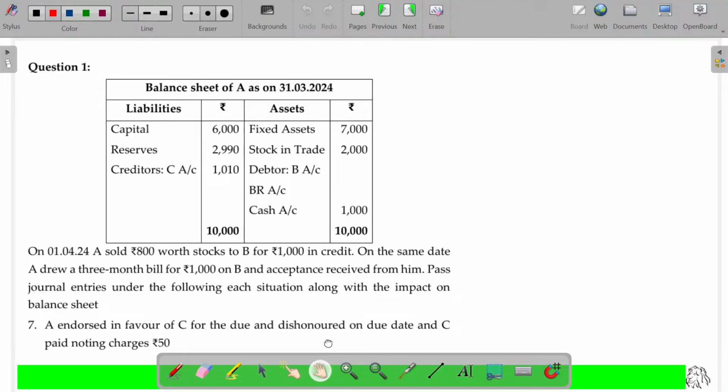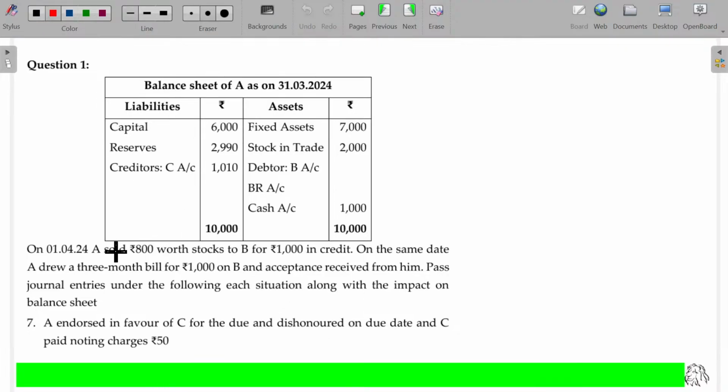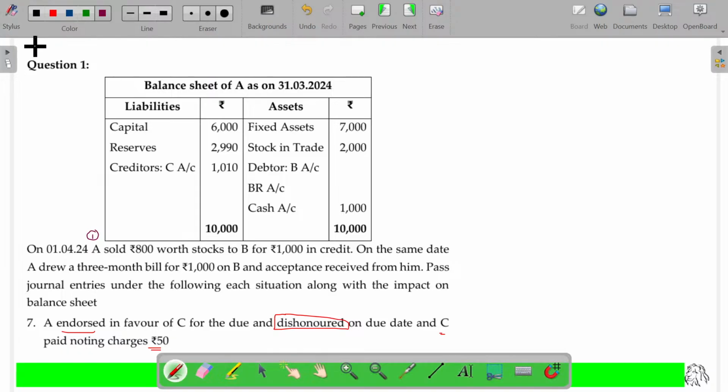Question number 7. Endorsed, which got dishonored. Now currently the payee, C, paid the noting charges. The first journal entry is all about the sale.